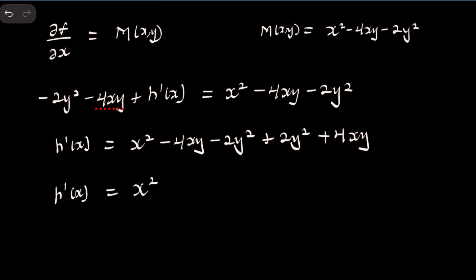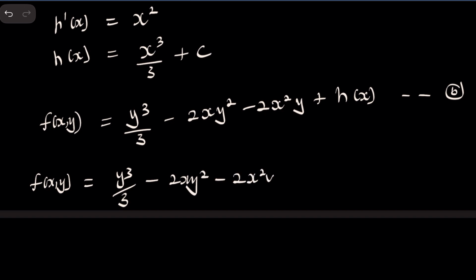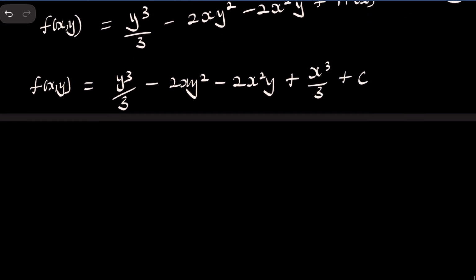Now let's compute h of x. So we're going to integrate with respect to x. So we're going to have x cubed on 3 plus a constant c. Now we have the expression for h of x. We are going to substitute it in equation B. And so we are going to have f of x y to be equal to y cubed on 3 minus 2xy squared minus 2x squared y, then plus x cubed on 3 plus a constant c.